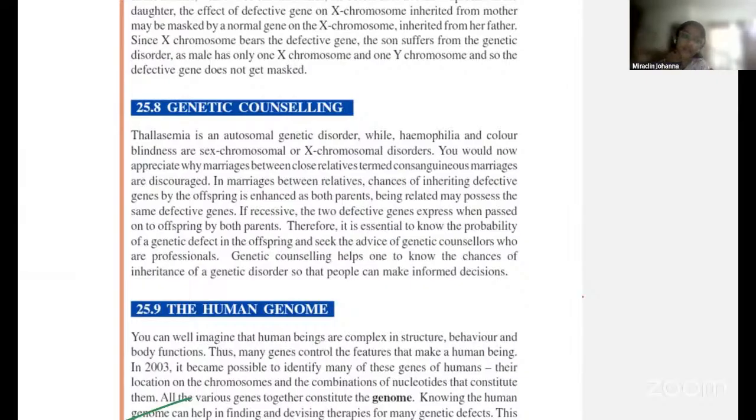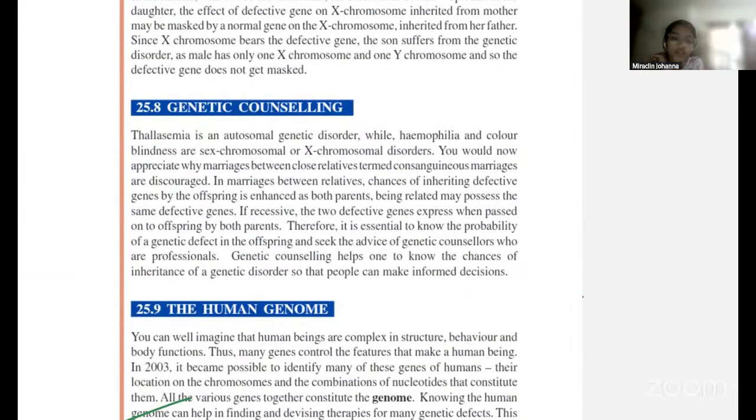In marriage between relatives, the chances of inheriting defective genes by the offspring are enhanced, as both parents being related may possess the same defective genes. If recessive, the two defective genes are expressed the same when passed on to offspring by both parents.